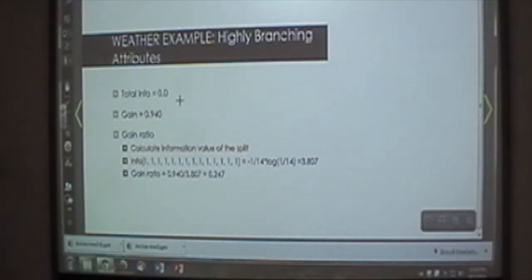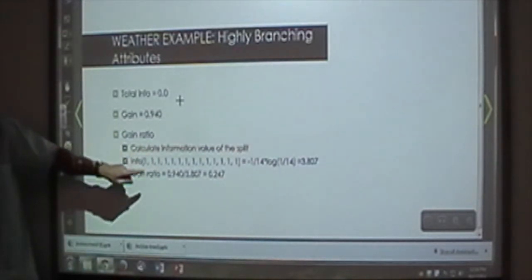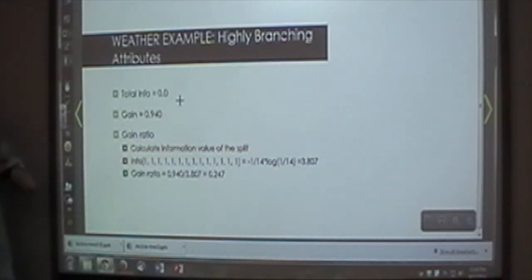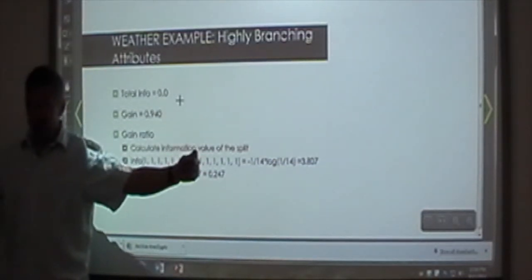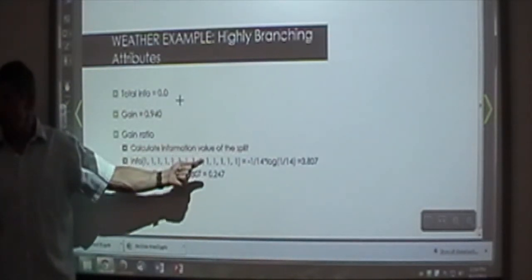So we're going to introduce this idea of the gain ratio. We calculated the information, we got 3.807, and what I'm going to do now is take my gain and divide by that information of the split. Notice I have 14 ones there.